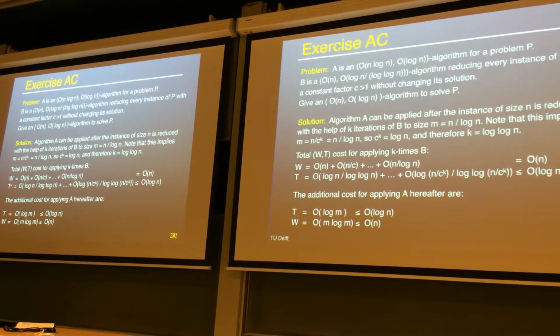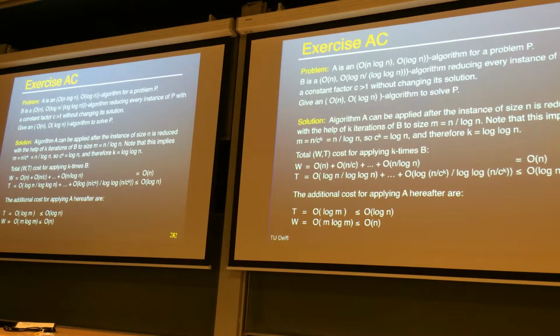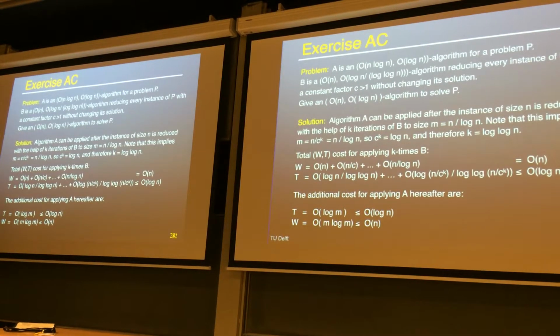Then, the amount of time we need is O of log n divided by log n, then O of log n divided by 2 divided by log n divided by 2, etc., until the final term, O of log n divided by c to the power k divided by log n divided by c to the power k. Well, this can be easily seen as dominated by the O of log n. Why? It's very simple.